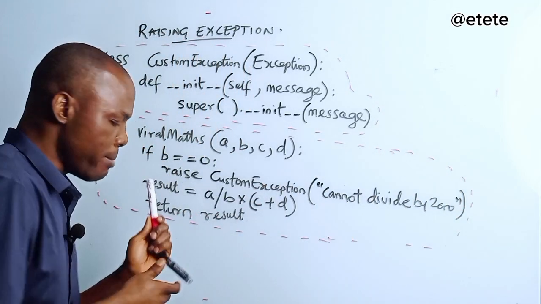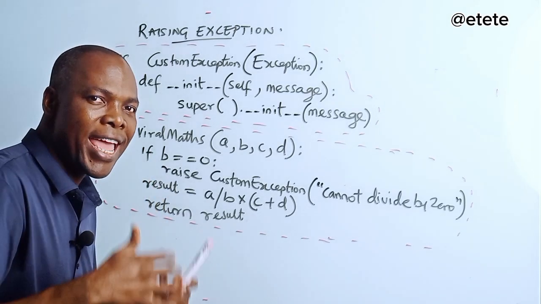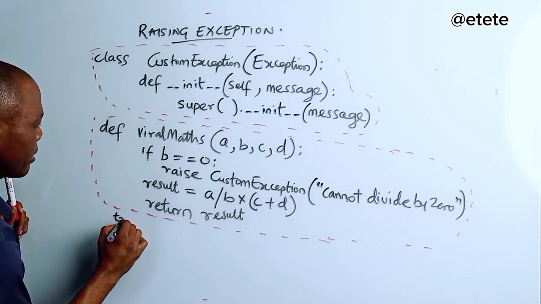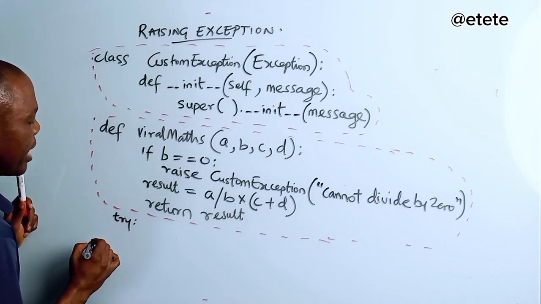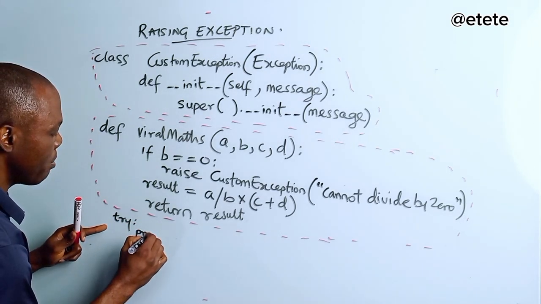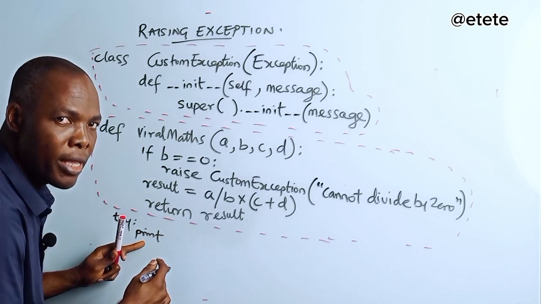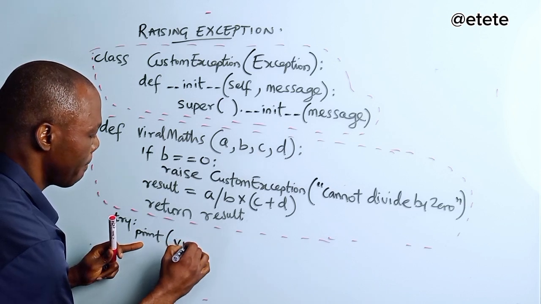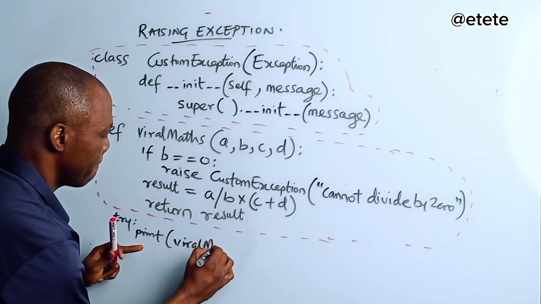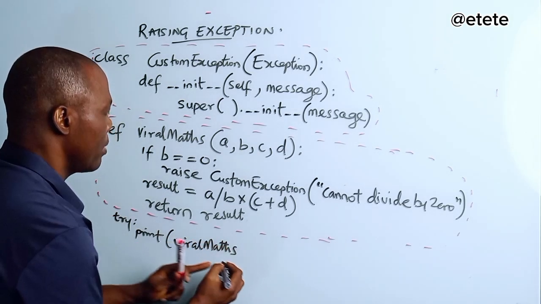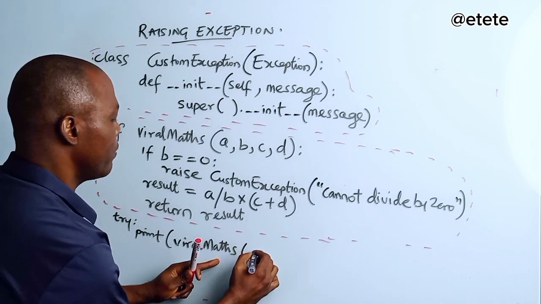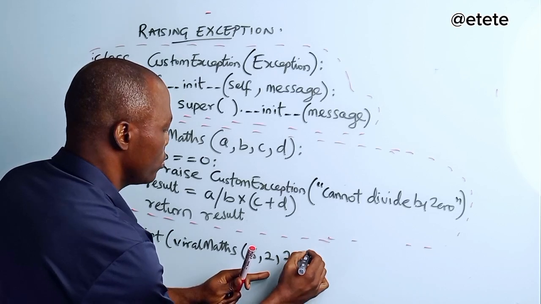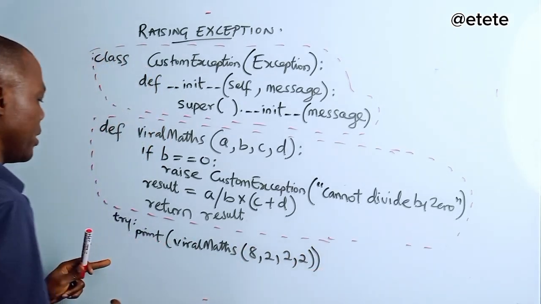Now I want to handle my exception. So I'm going to put it in the try except block. I will say try, right? Inside this, I'll call my print function so that it will display answers to me. Print, then I'll call this viral math. Then I'll give it 8, 2, 2, 2, and close the parenthesis.